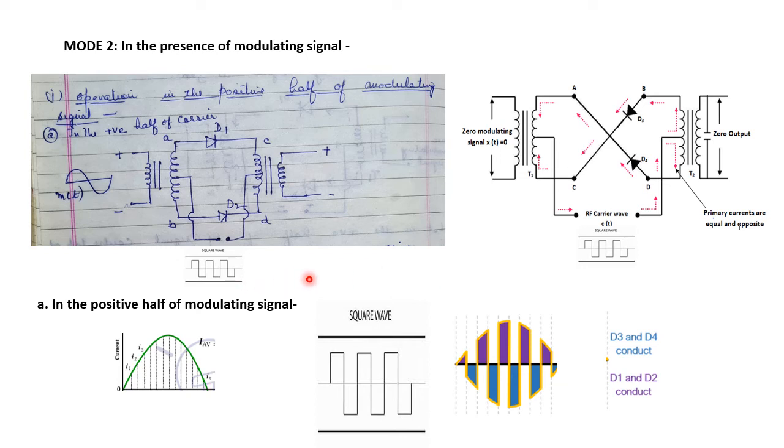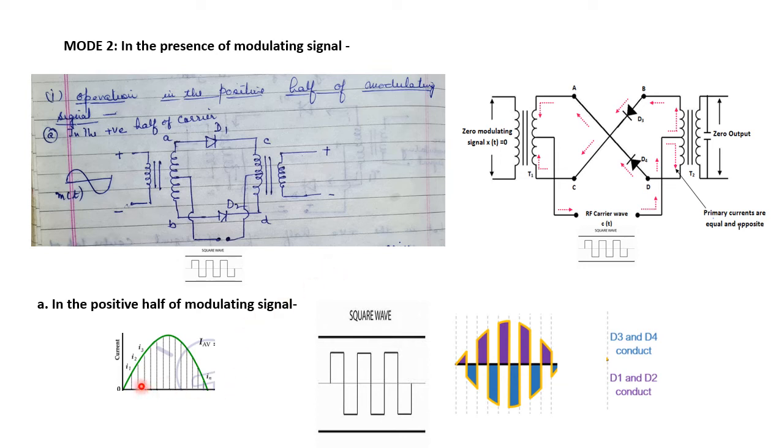The decision of which of the four diodes will be in forward bias and which will be in reverse bias will be decided by the carrier signal and not by the modulating signal. The polarity of the carrier signal will decide which of the four diodes will be in the conducting mode and which will be in the non-conducting mode.